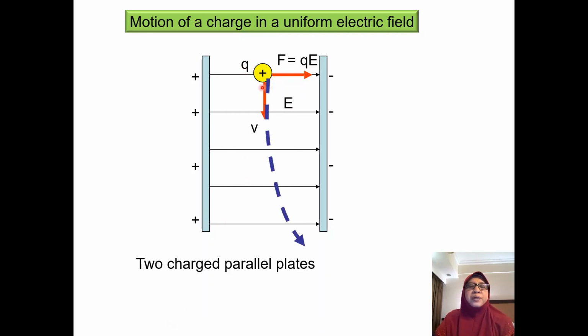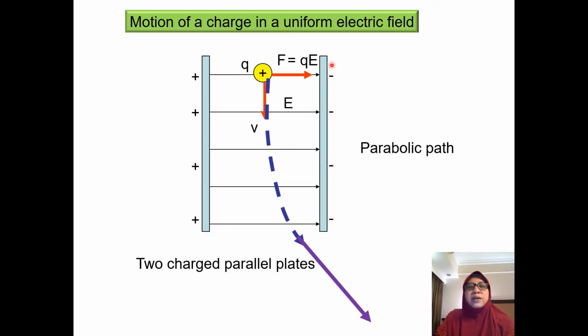The charge will follow a projectile path. It's a projectile actually, the trajectory is a projectile, and the shape of the path is parabolic. But after it comes out from this area, it will continue to follow a straight line, no longer parabolic.